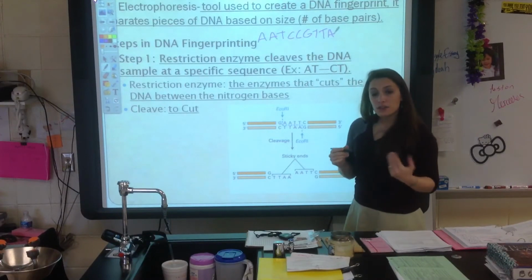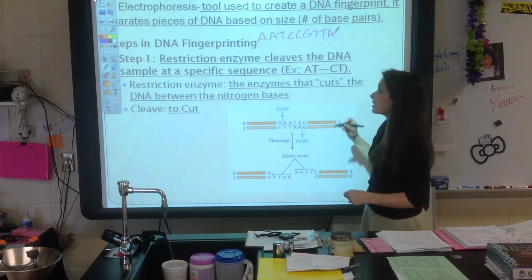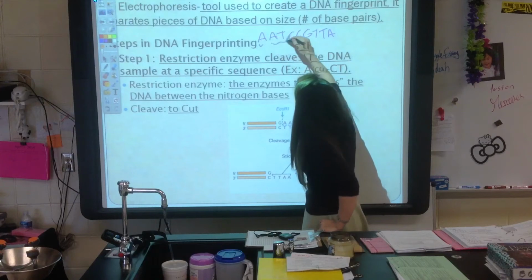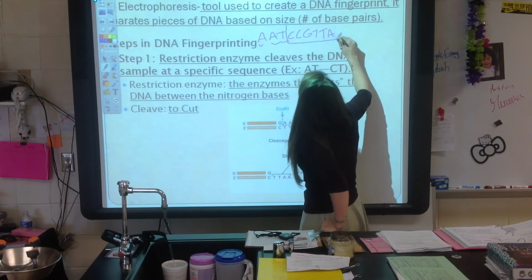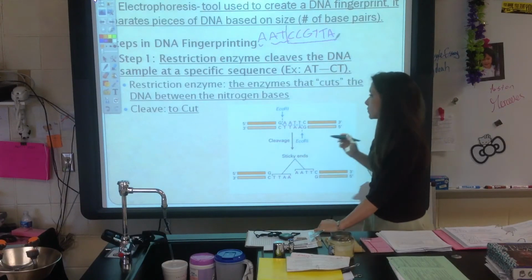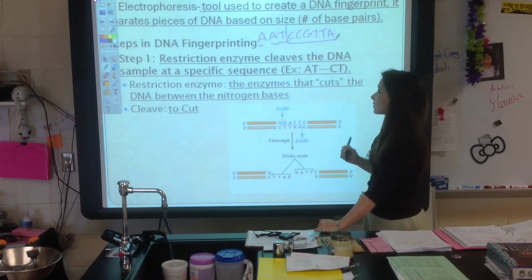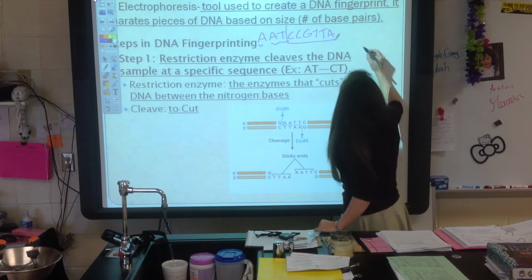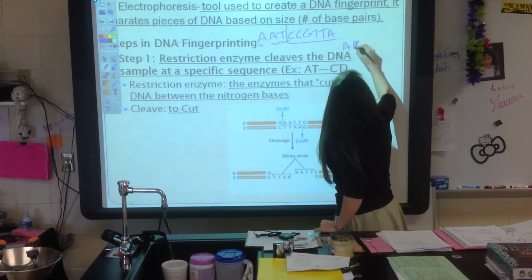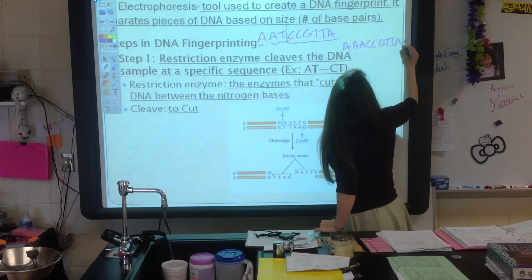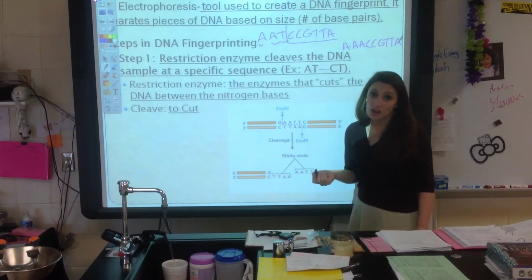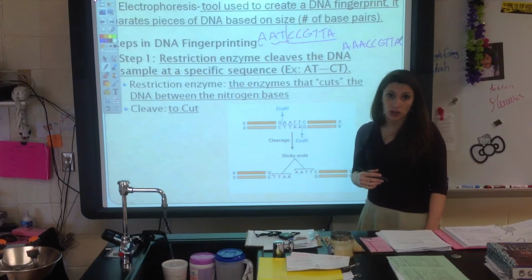And if there is a restriction enzyme that finds AAT and cuts between AAT and CCG, that's where the enzyme cuts. Well, if someone else's DNA is AAA, CCG, TTA, then their DNA won't be cut by that restriction enzyme.